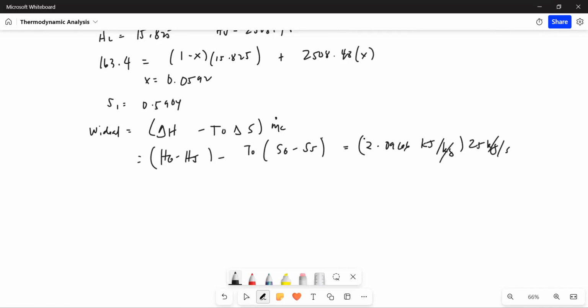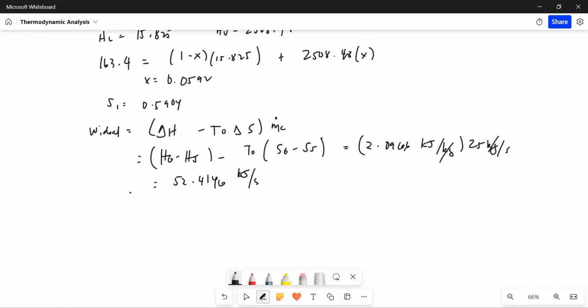We cannot neglect the fact that we have two flowing streams, and therefore we have to correct our power calculations to consider the flow rates of the two different streams. The first stream is the chilled water, which we corrected by multiplying with the mass flow rate of 25 kilograms per second. I hope that's clear. And this would give us 52.4146 kilojoules per second.